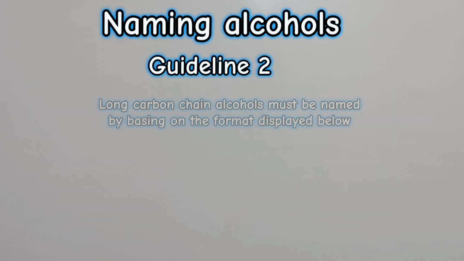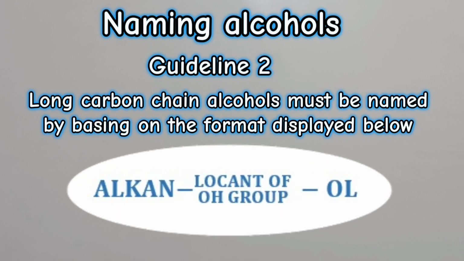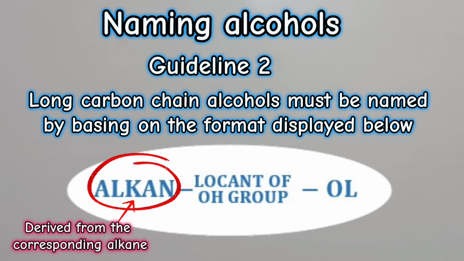Second guideline is that when you are naming an alcohol, always use the format displayed there, especially if it is a long chain alcohol. In the displayed format, the word alkane is derived from the corresponding alkane.